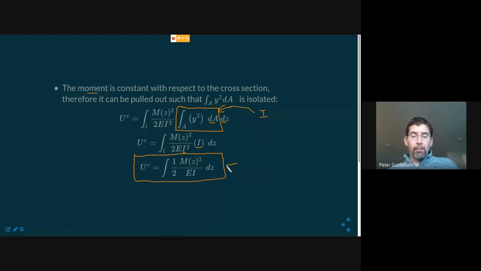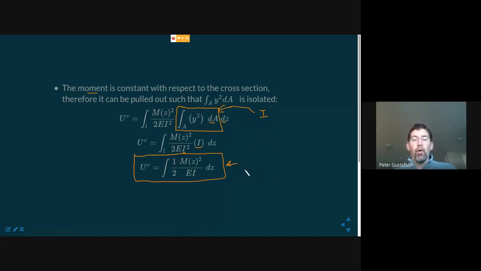Now, this is actually a pretty important equation for a structural engineer who does a lot of beam theory. You should sort of tattoo this on your brain, memorize it. You're going to use it a million times. It's not a hard equation to remember. Ultimately, you would not have to rederive this equation if you were doing an exam or a homework set and I said, calculate the complementary energy in a beam.